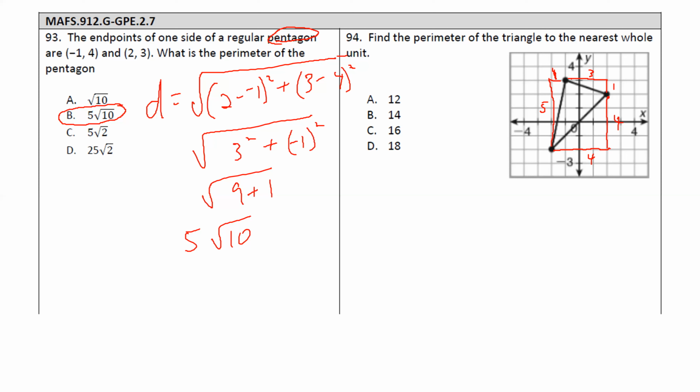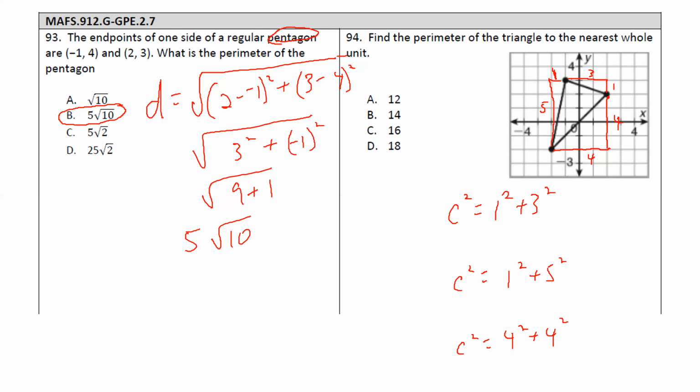Starting with a really small triangle there, we have c squared equals 1 squared plus 3 squared. For the medium-sized triangle, c squared equals 1 squared plus 5 squared. And for the biggest triangle, c squared equals 4 squared plus 4 squared.